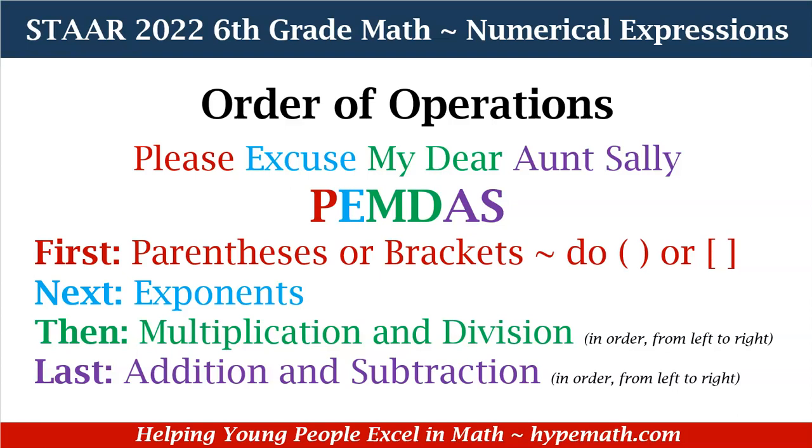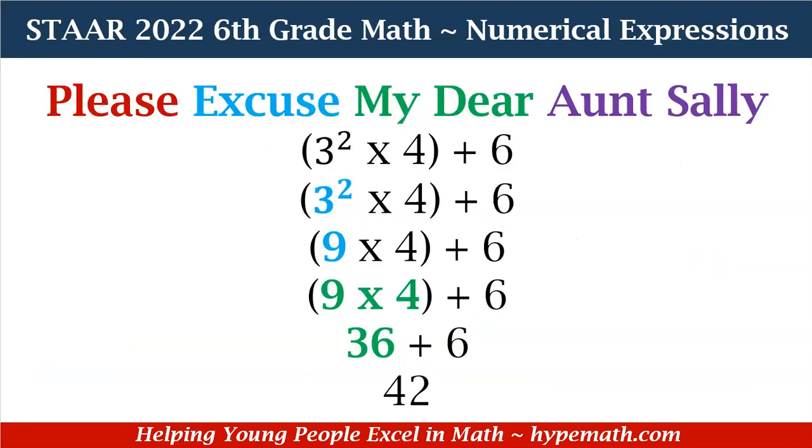It's in order from left to right. So if a subtraction comes first before addition, you don't jump to addition and then go back to subtraction. No, you solve the subtraction and you keep going in the problem, because that is what came first whenever solving the problem. Let's look at some examples.